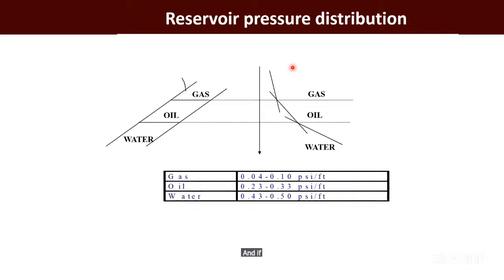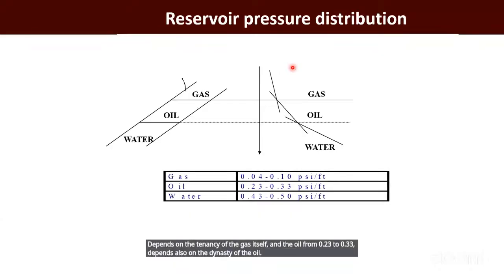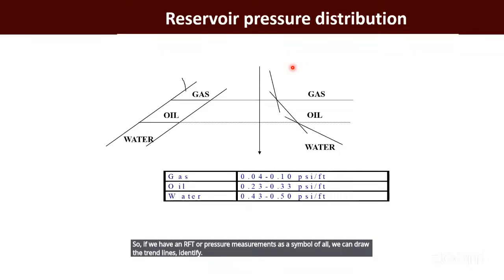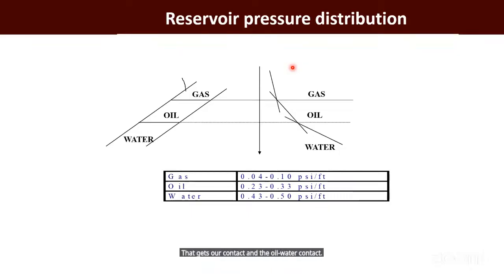And if we take a pressure trend of the gas, oil, and water, we'll have a gas pressure gradient of 0.04 to 0.1, depending on the density of the gas itself, the oil from 0.23 to 0.33, depending also on the density of the oil, and the water from 0.43 to 0.5, depending on the density and salinity of the water. So if we have an RFT or pressure measurements in the same reservoir, we can draw the trend lines and identify the gas oil contact and the oil water contact.